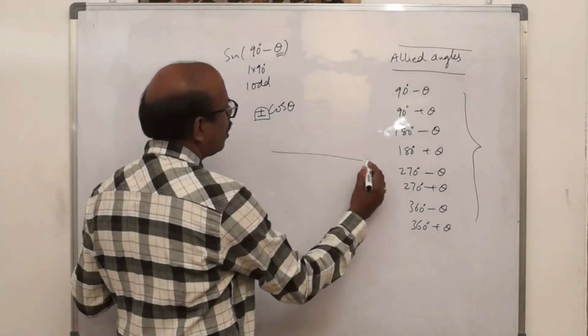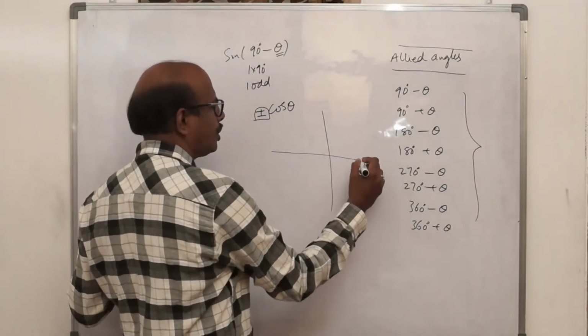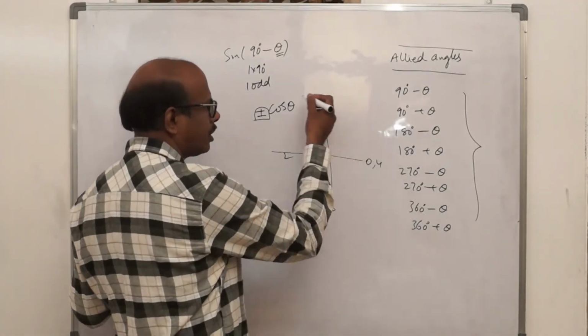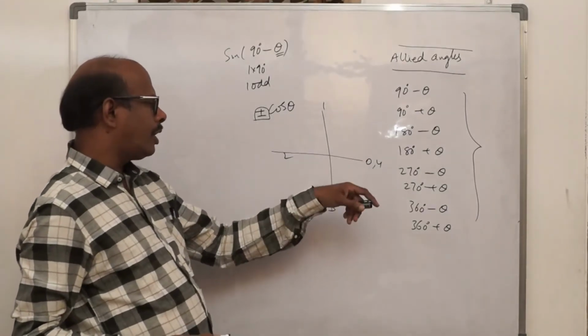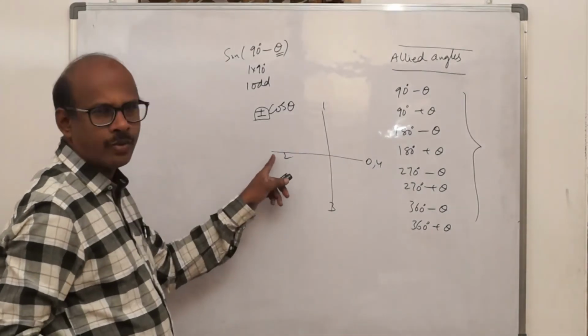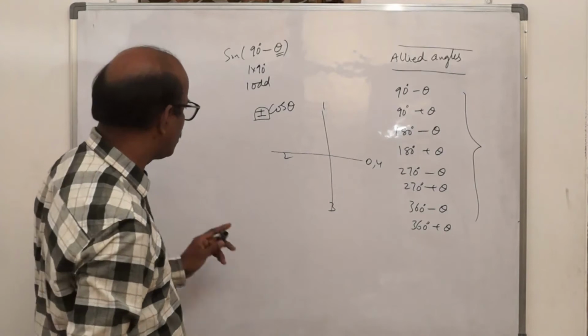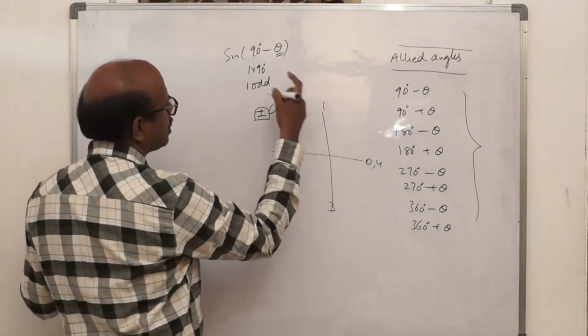Now according to the multiples of 90 diagram: 0 into 90, 1 into 90, 2 into 90, 3 into 90, 4 into 90, like that, a cycle. That is 0, 90 degrees, 180, 270, 360. So here 1 means 1 as it is in the diagram.